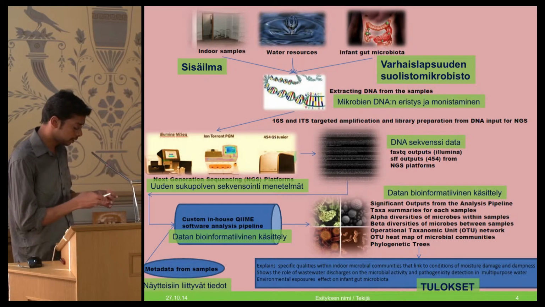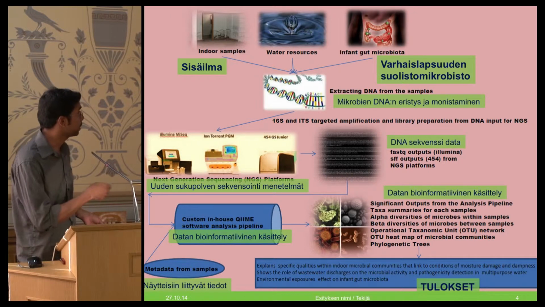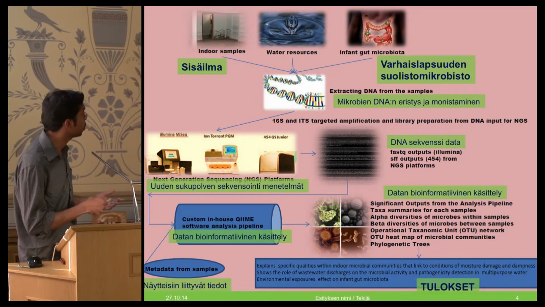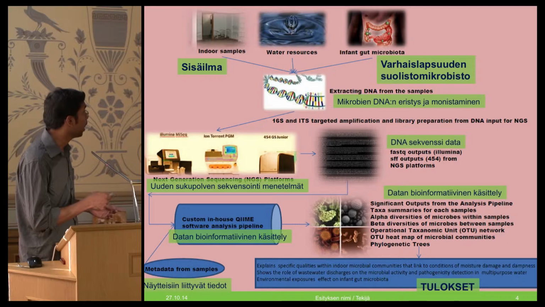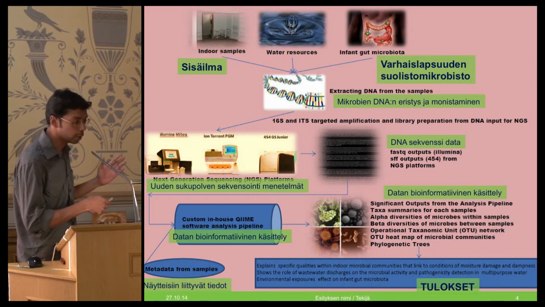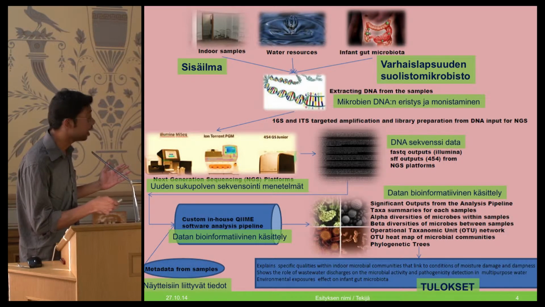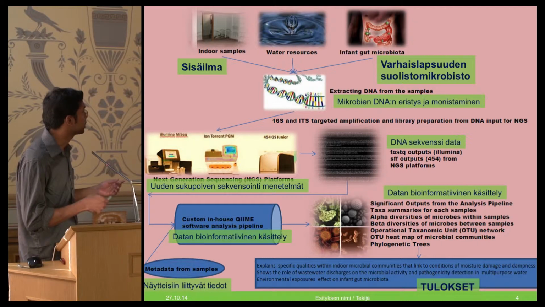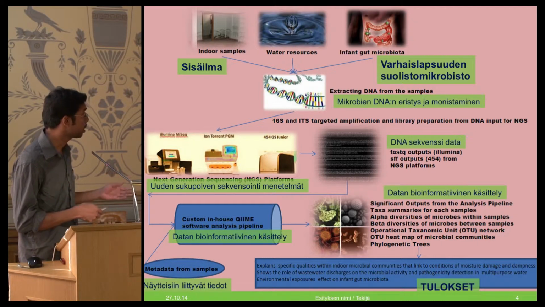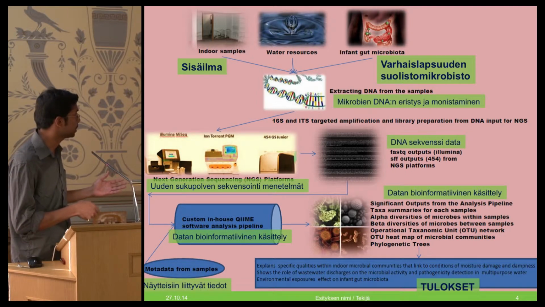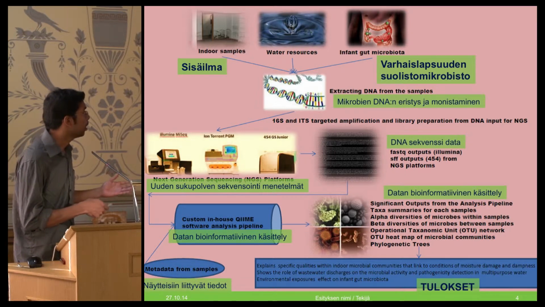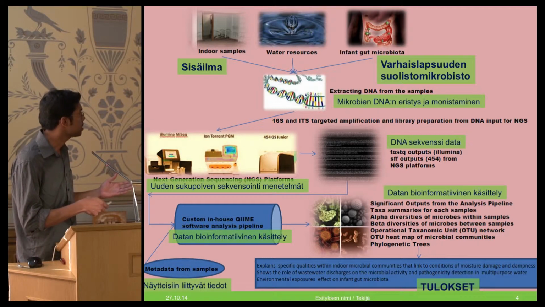And this is the schematic representation of what I am going to do in this topic. Basically, I'm going to deal with indoor air samples and also with the early infant gut microbiome. We are going to extract DNA from those environments and use next generation sequencing platforms with DNA marker gene based studies.